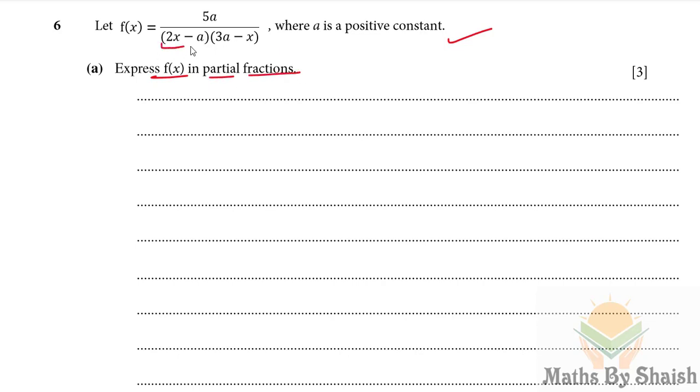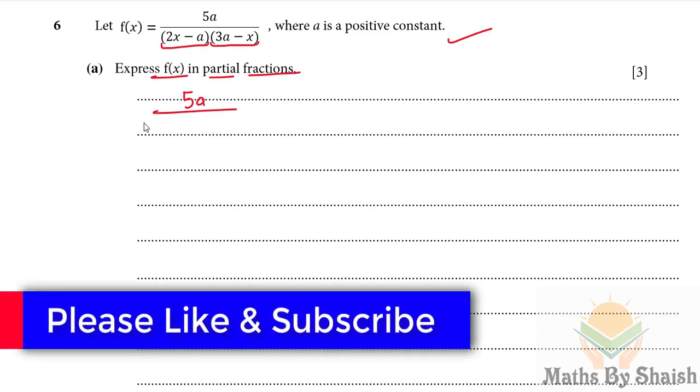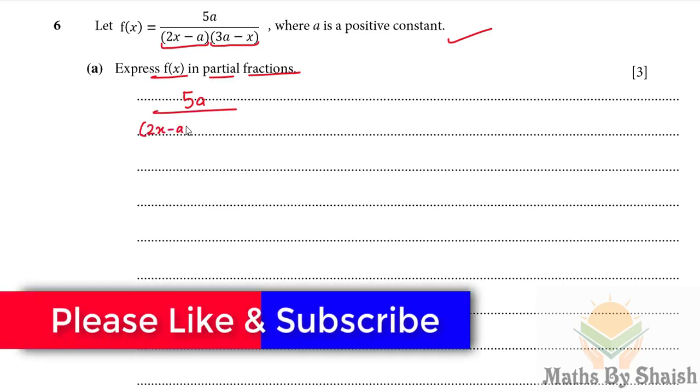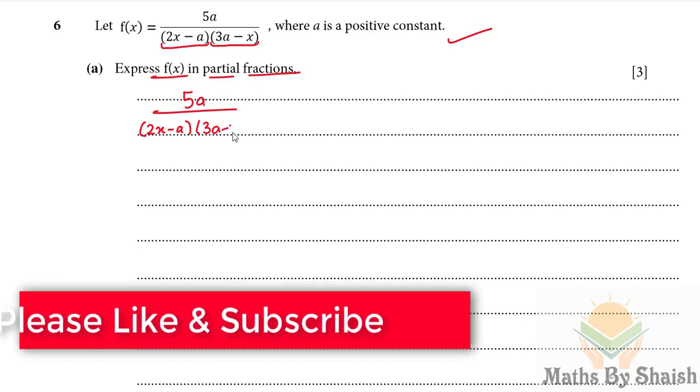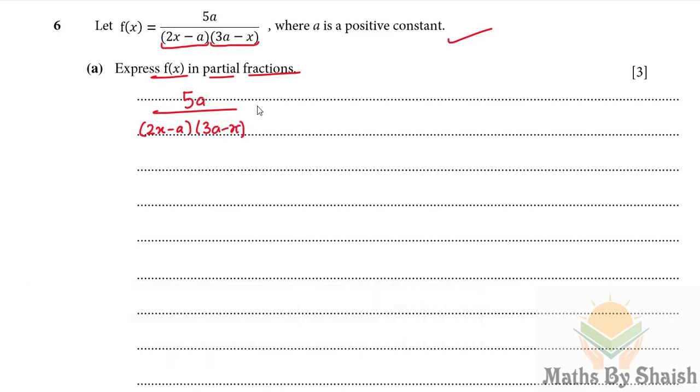So we have a product of two linear factors, so we can write 5a over (2x minus a)(3a minus x) in the form A upon the first linear factor, plus B over (3a minus x), another linear factor.